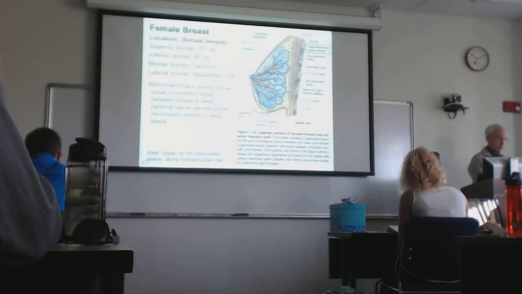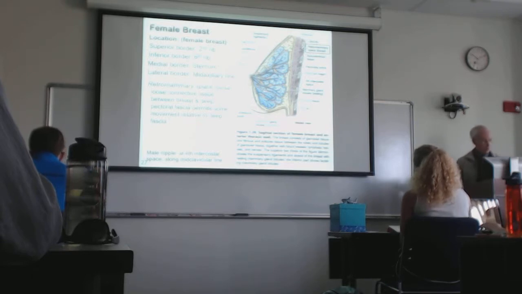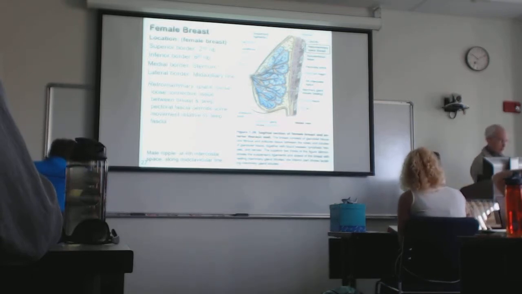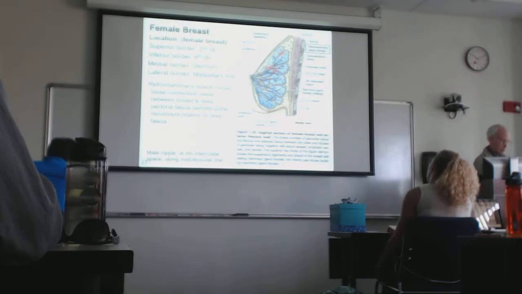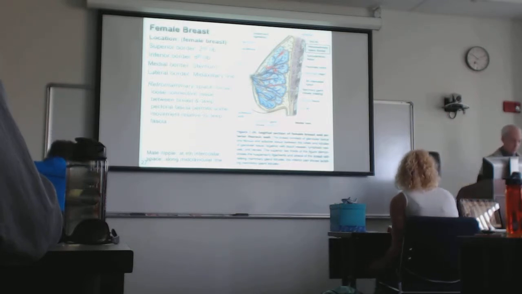Now, in this figure, we see the glandular component, colored blue in this case. We see the adipose tissue can be highly variable from individual to individual. But then, intervening between the glandular and adipose tissue, you see these brown regions. Those are the Cooper's ligaments. Those are the suspensory ligaments.